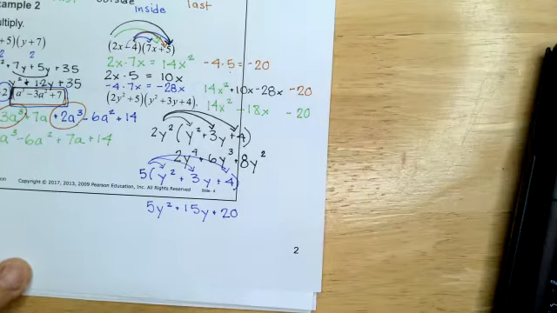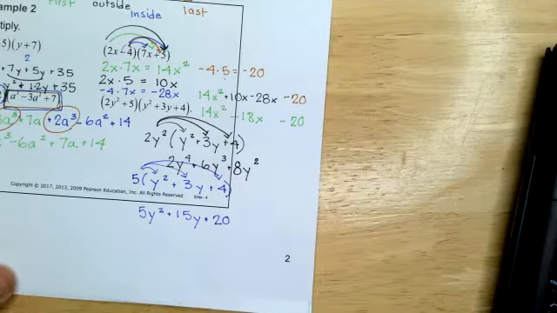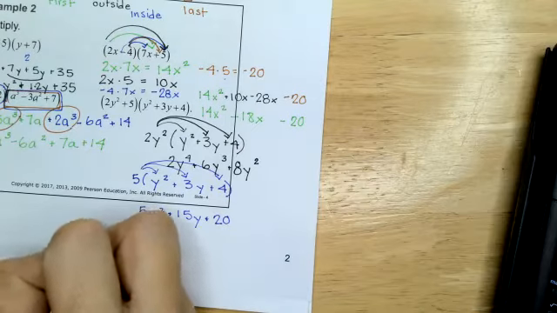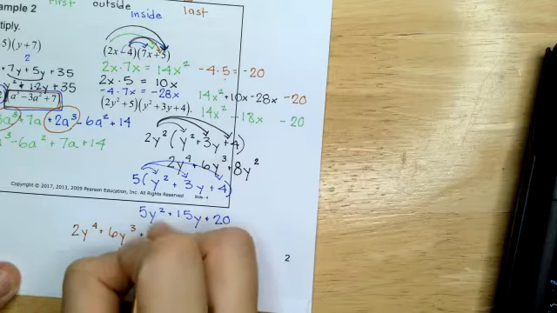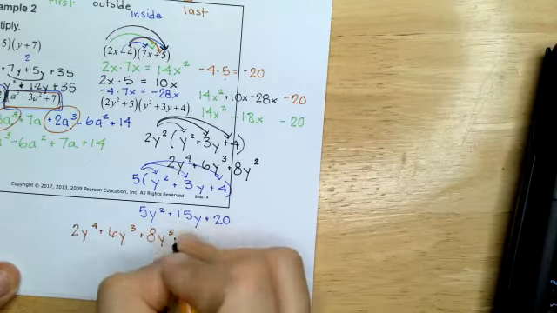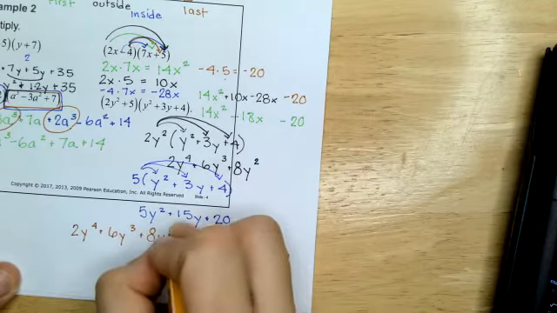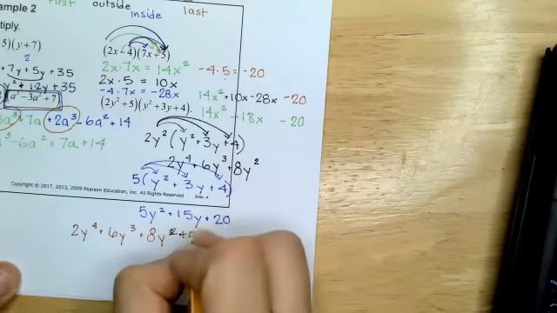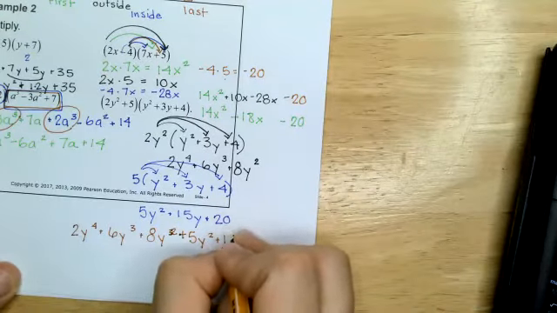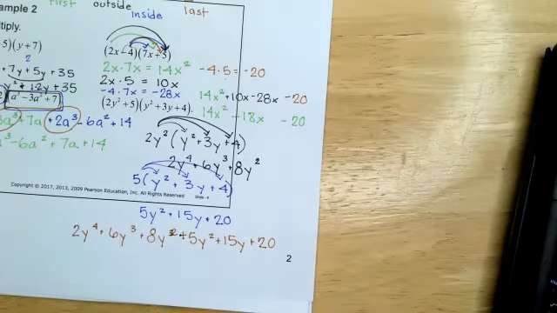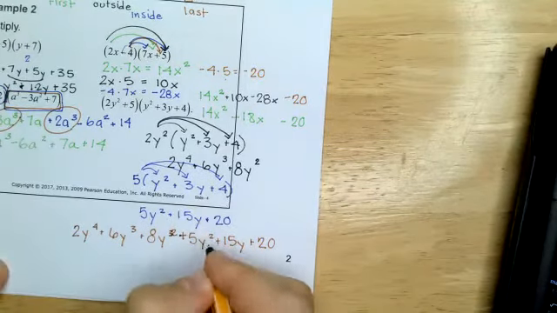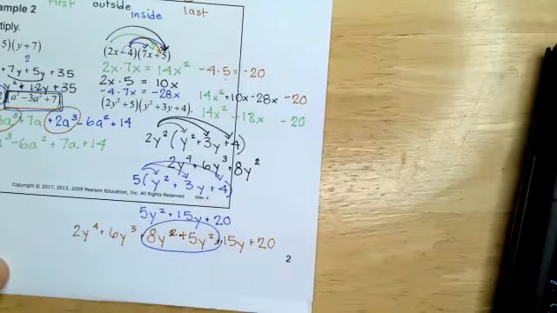If you look, there's only 2 terms. Oops, sorry. 8y squared plus 5y squared plus 15y plus 20. There are only 2 terms you can combine. Good. Only combine the y squareds.